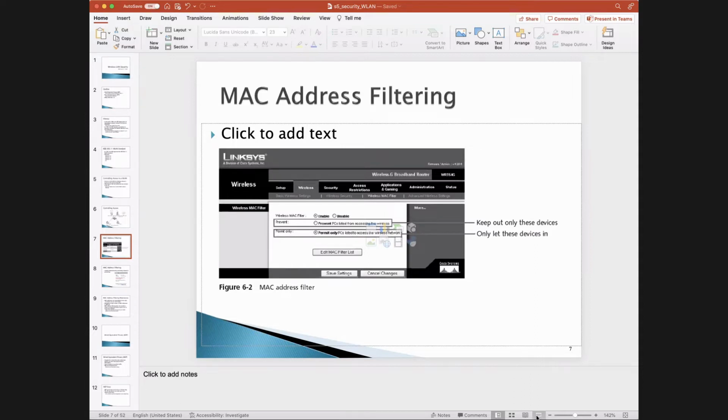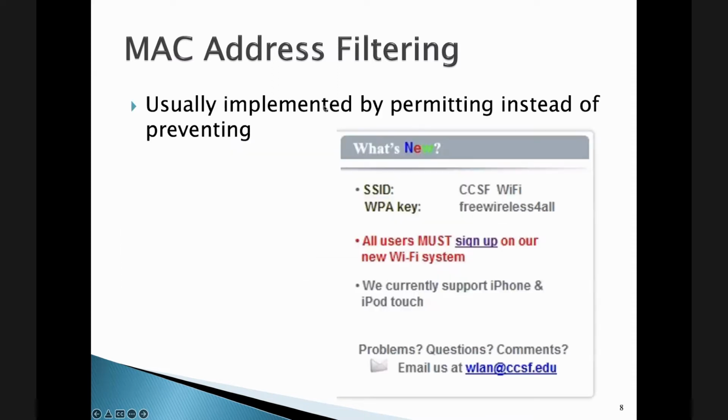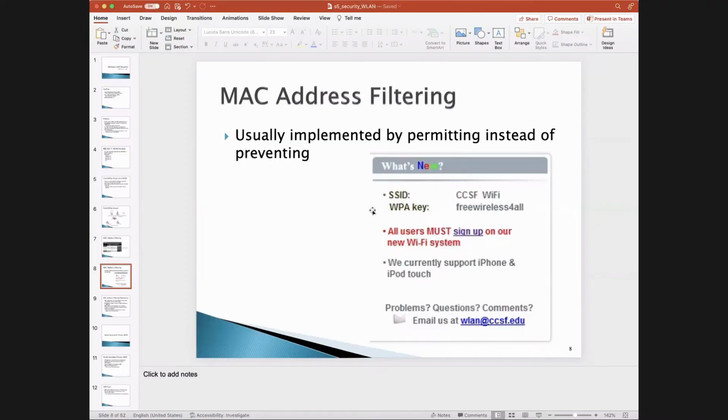When they configure a wireless router or access point, they can specify the devices that need to be kept away from this router, no access, and only let these devices in, right? So they have permit only or prevent. Okay, right? So that is MAC address filtering.